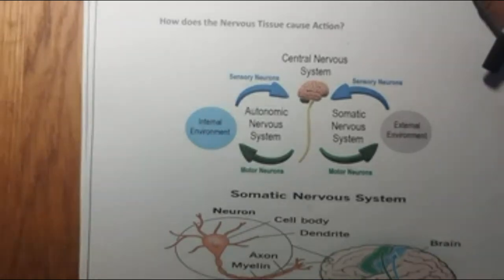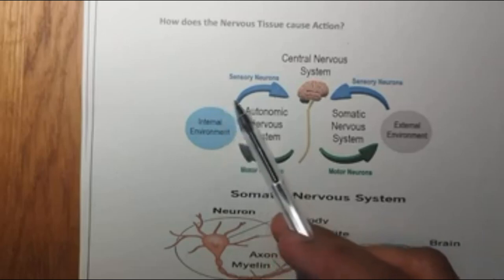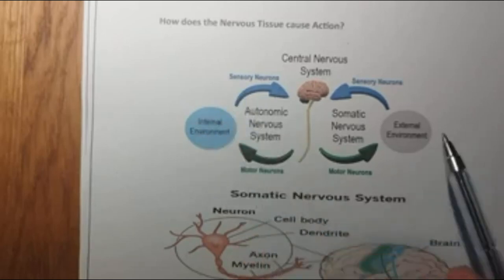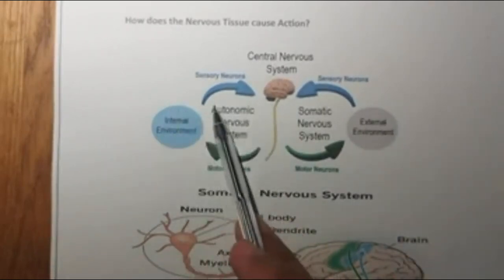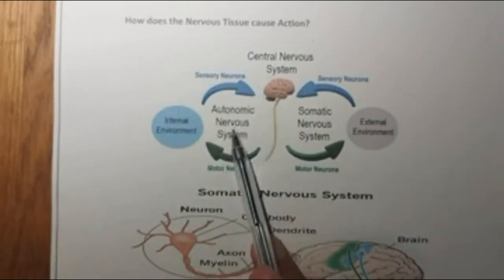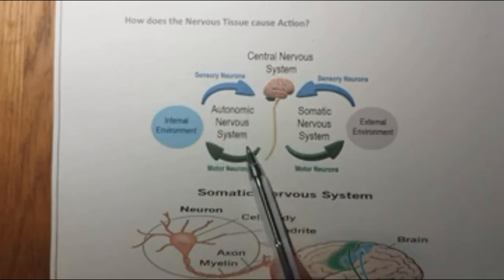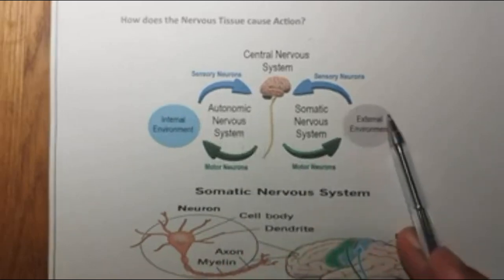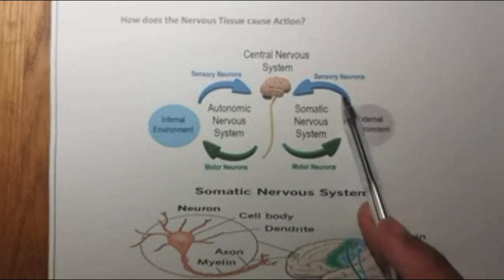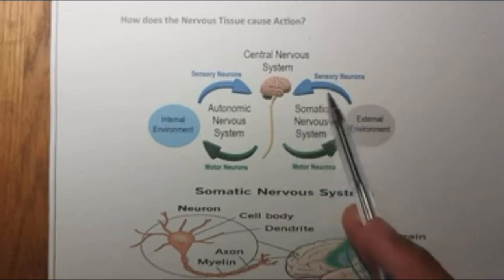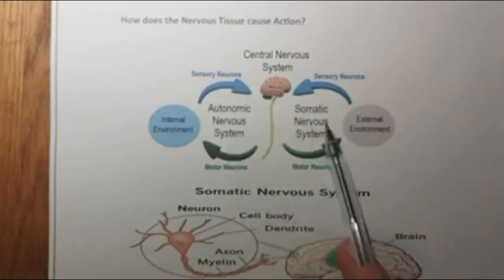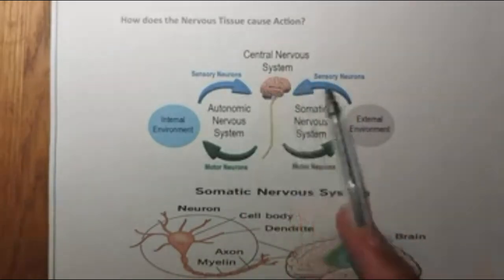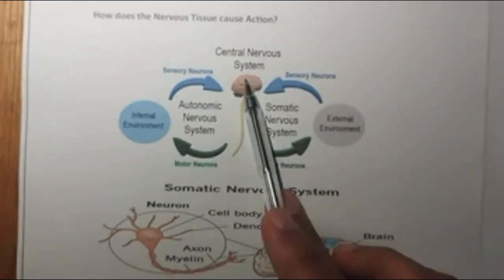So the nerves collect information from the internal environment or the external environment of the body. The nerves that carry internal information are sensory neurons of the autonomic nervous system. The nerves that carry information from the external environment are the sensory neurons of the somatic nervous system. So these autonomic and somatic sensory neurons carry information to the brain, to the central nervous system.